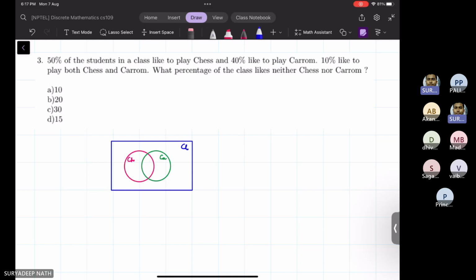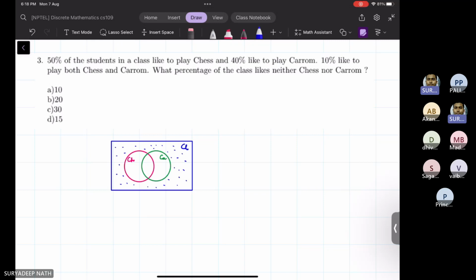So what we have been asked to find is which portion of the class likes neither chess nor carom. If you look at the figure, what they are asking us is to find this region that is outside both the circles. So the dotted region, what is the size of the dotted region is the question they are asking us.